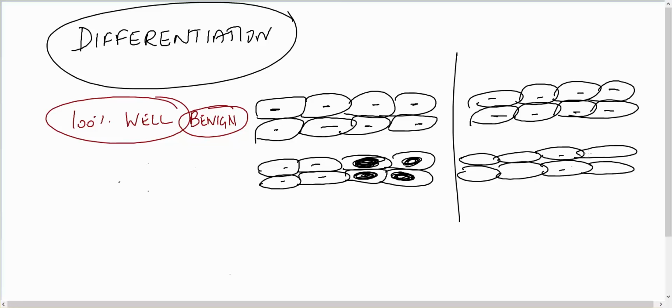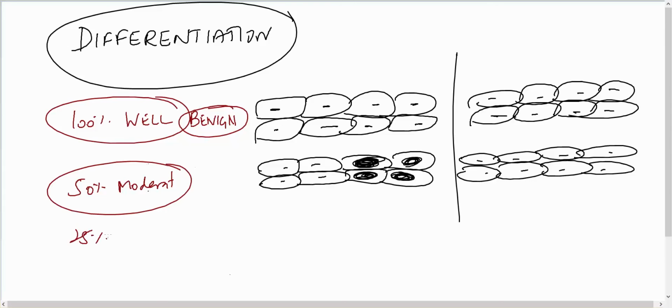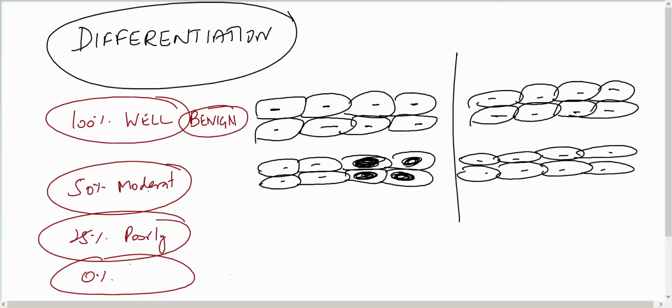So if the tumor cells resemble only 50% of the normal cell, then 50% is moderately differentiated. Likewise, if it is 25%, it is poorly differentiated. If 0%, completely abnormal, completely no matching, it is undifferentiated.